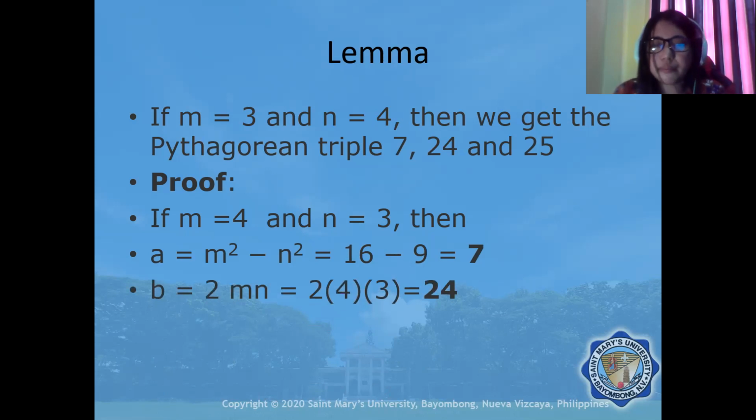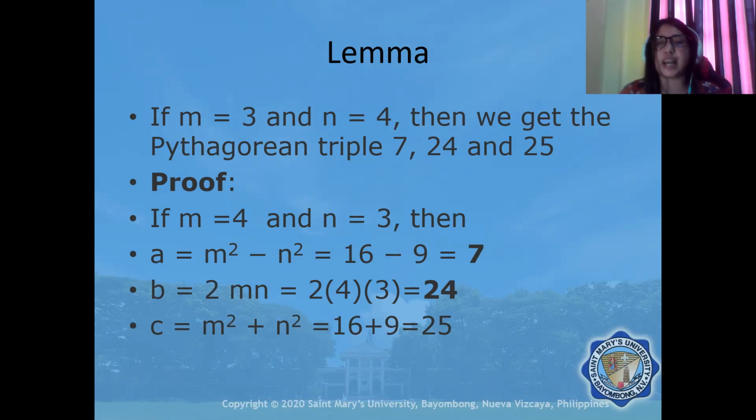For B, 2mn is 2 times 4 times 3, which gives 24. For C, m squared plus n squared: 4 times 4 is 16, 3 times 3 is 9, and 16 plus 9 is equal to 25. Therefore, 7, 24, and 25 are called Pythagorean triples.